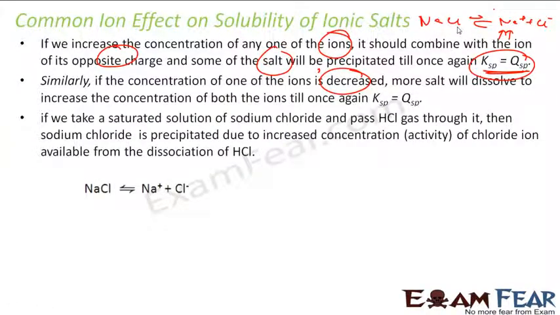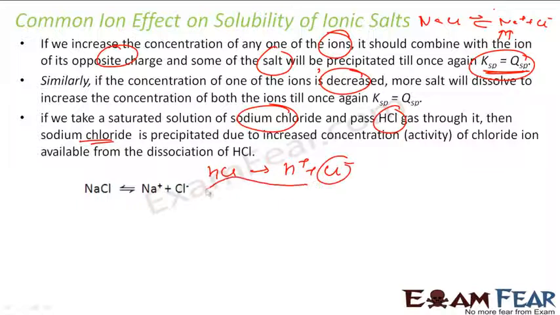Right? So if you take an example, I have a saturated solution of NaCl and I pass HCl gas through it. Then you see sodium chloride is precipitated. The NaCl is precipitated because of the increased concentration of Cl minus ion. Because we are passing HCl, and HCl will immediately break into H plus and Cl minus ion.